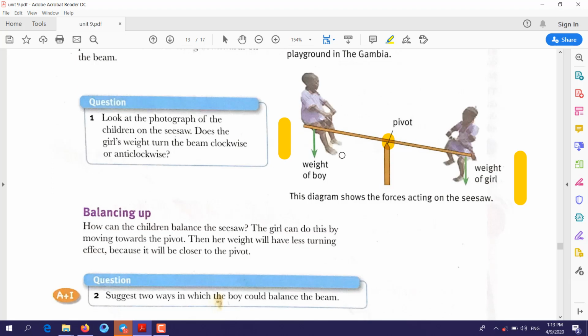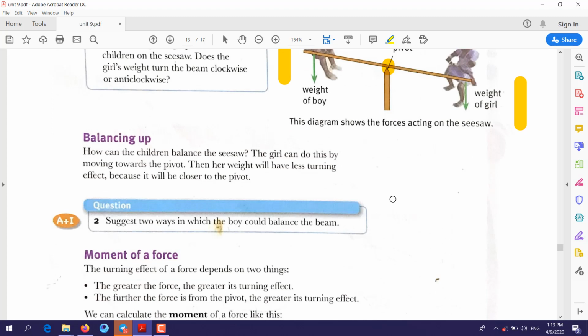The seesaw will be balanced when the force on this side is equal to the force on this side, at the same distances from the pivot.